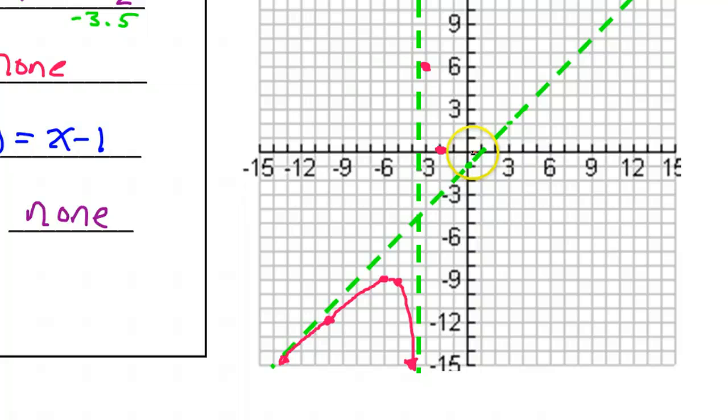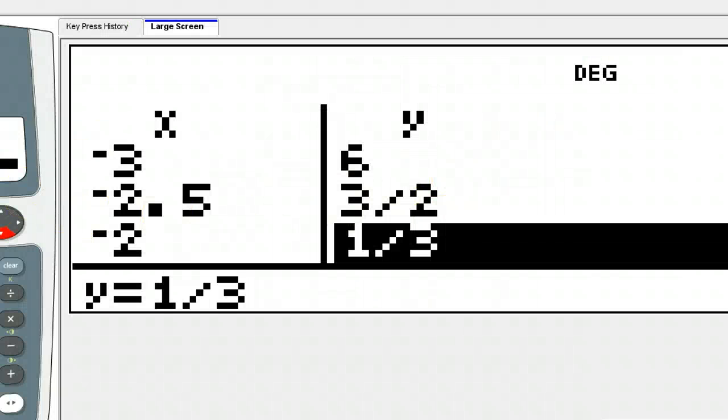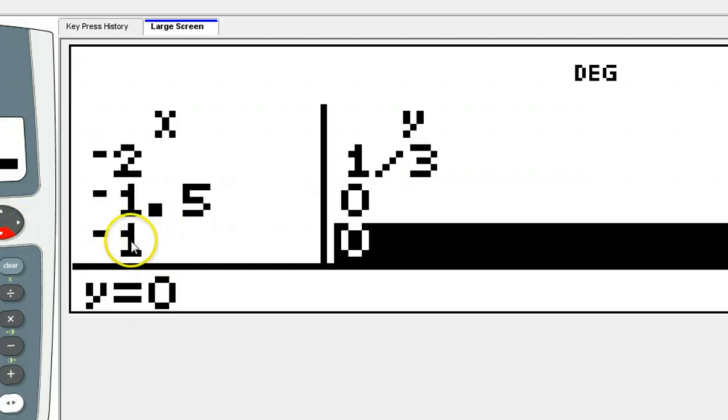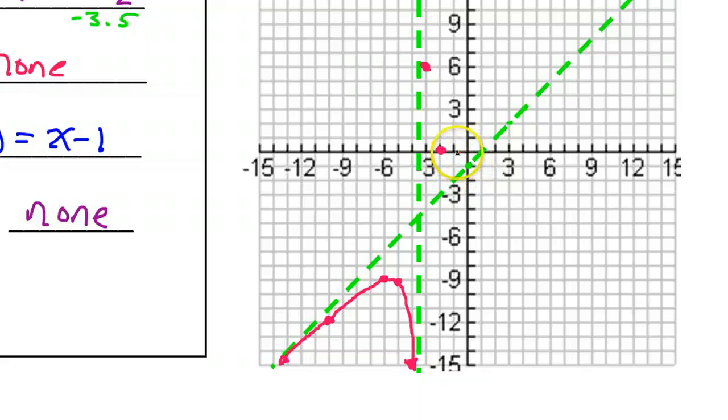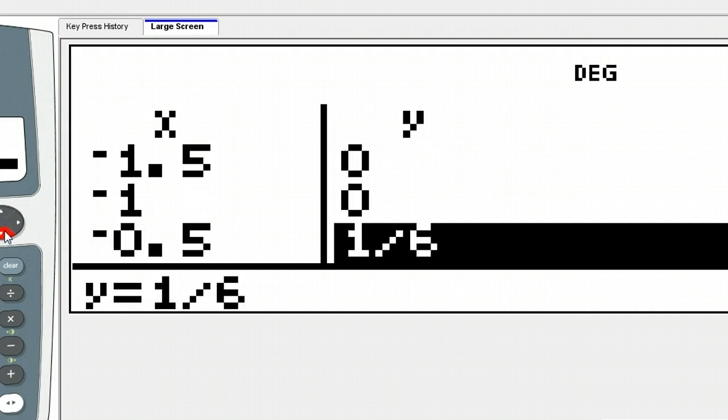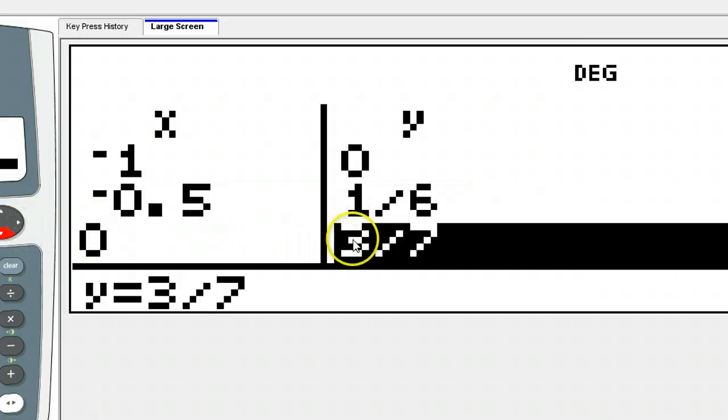What about negative 1 and 0? Alright, at negative 1 we are at 0. Okay, what about 0? At 0 we're at 3/7. Okay, that's not very much.